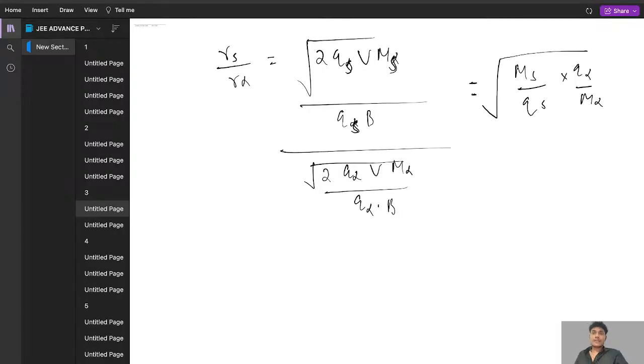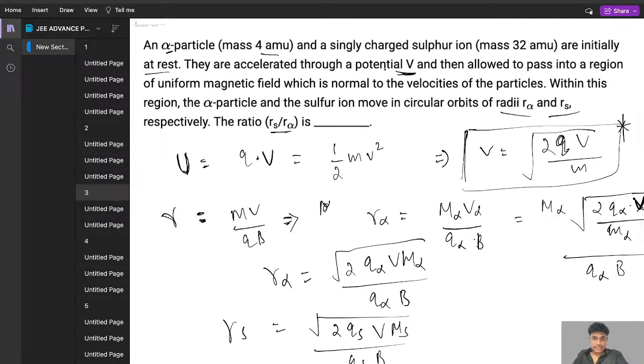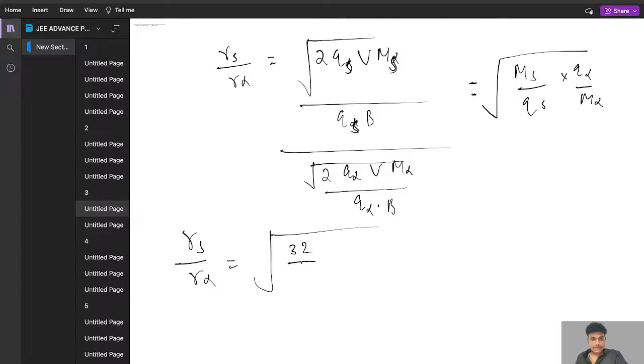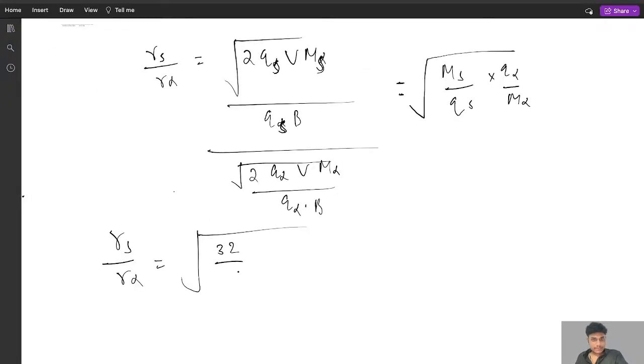Understand? You get this, and now directly put the value. rs upon r alpha is equal to, what is the mass of sulfur ion, that is I think 30, and q, I think it's singly ionized sulfur ion, singly charged. Okay, so q is 1. So here q is 1, and what is q of alpha?